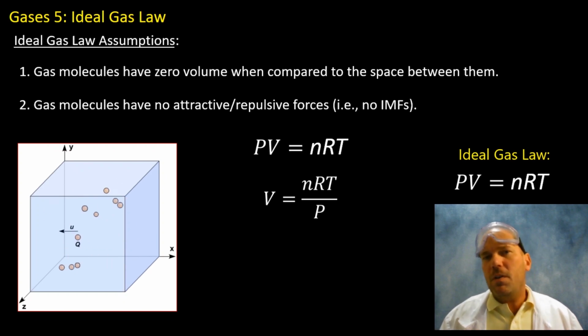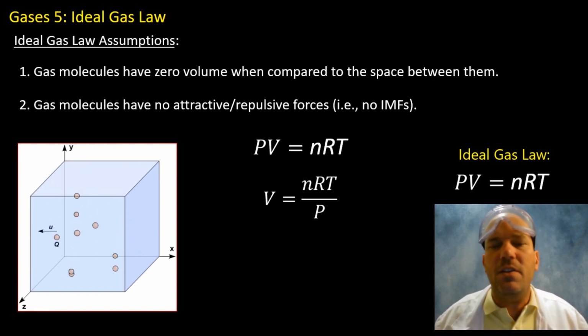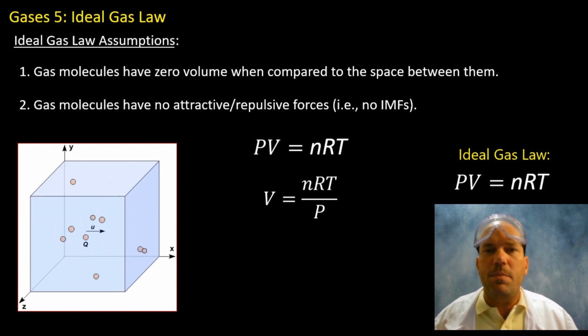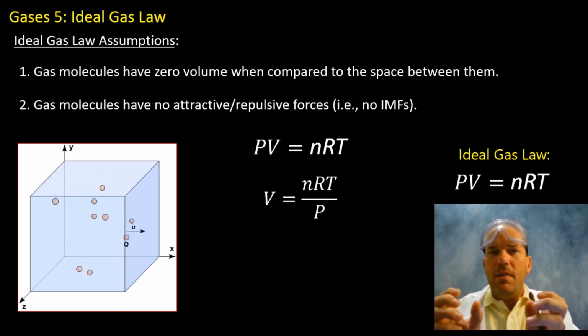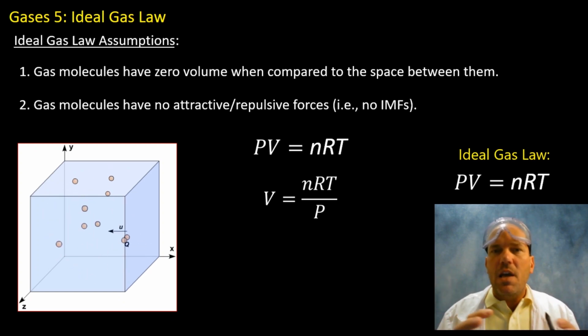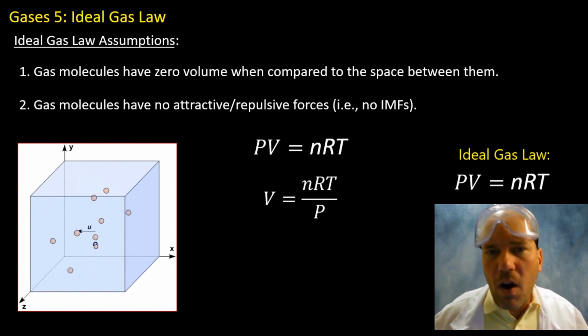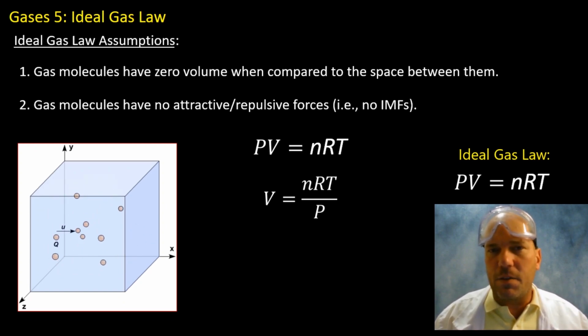Also, if there was a very large volume at a given kinetic energy, in other words, at a given temperature, then we would expect the attractive and repulsive forces between molecules to also be negligible because they are so far apart in this large volume.